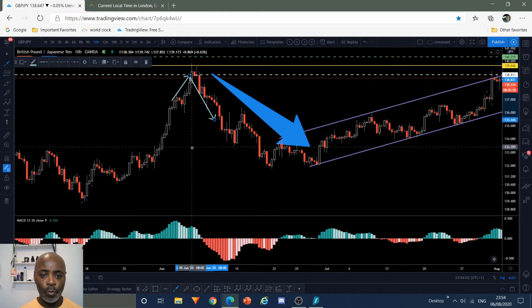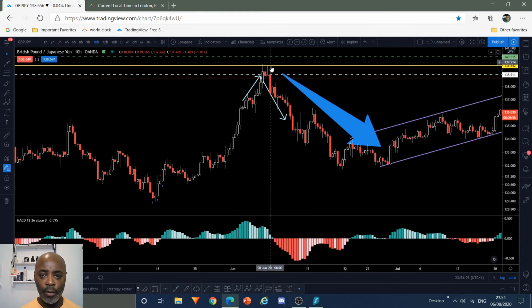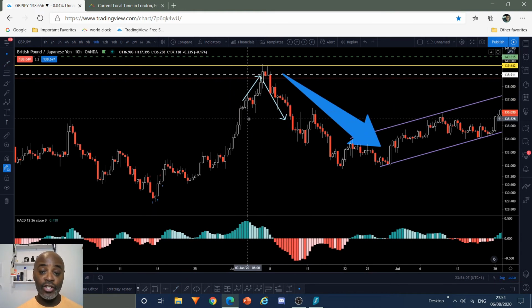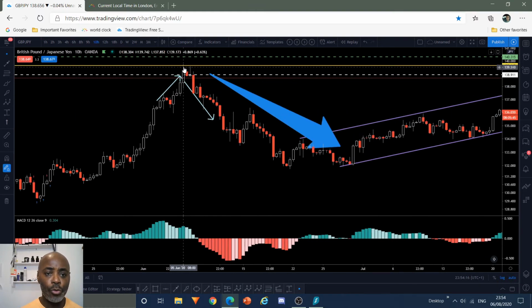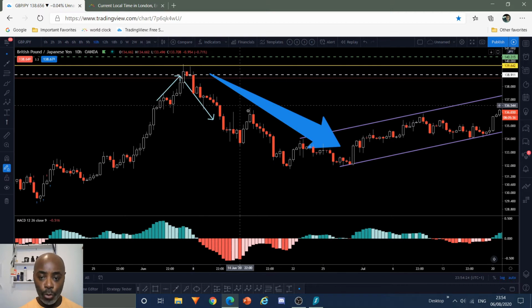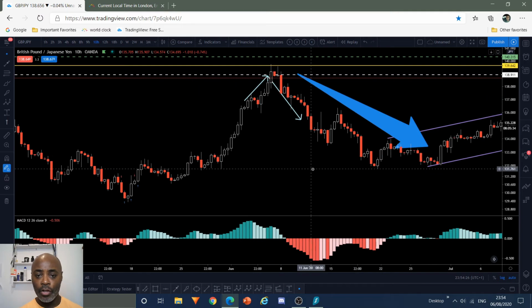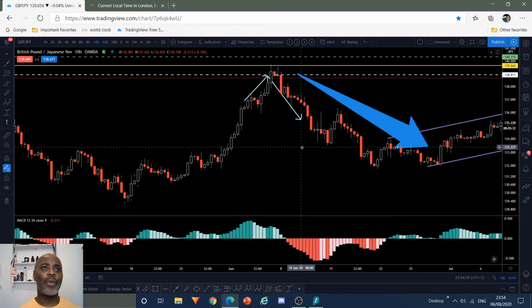What I see has happened here with these two wicks is that the institutions who need sell orders, who need orders to go short, will have pushed the stops up through the 618 area, taken out the people who were short at this line, filled their shorts, and pushed the price lower. Have you ever been in a trade where price just pips you out and then goes in the direction that you were sat at?